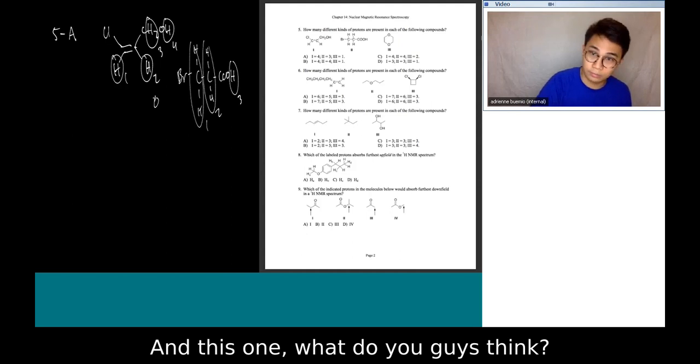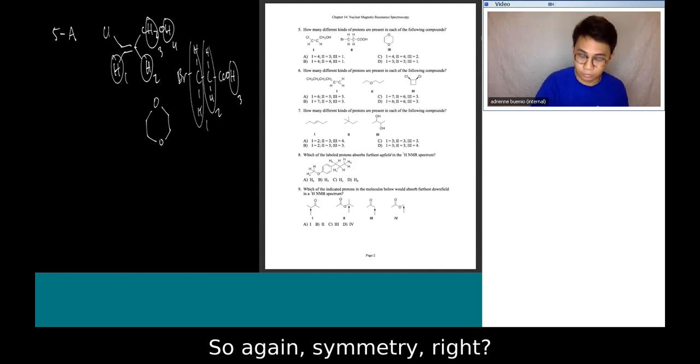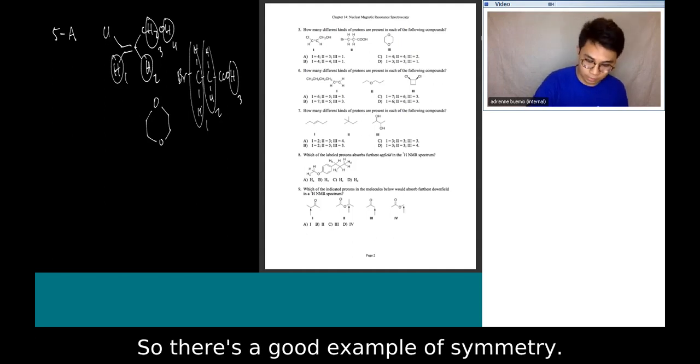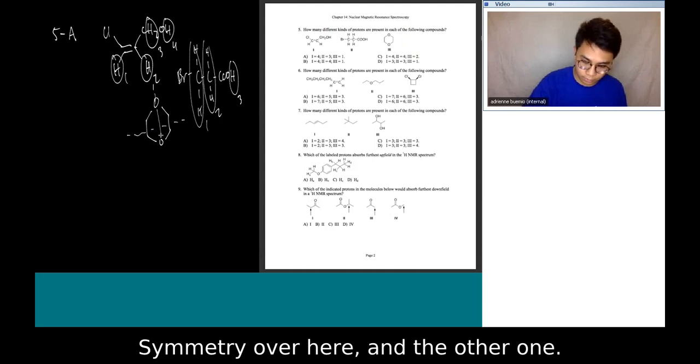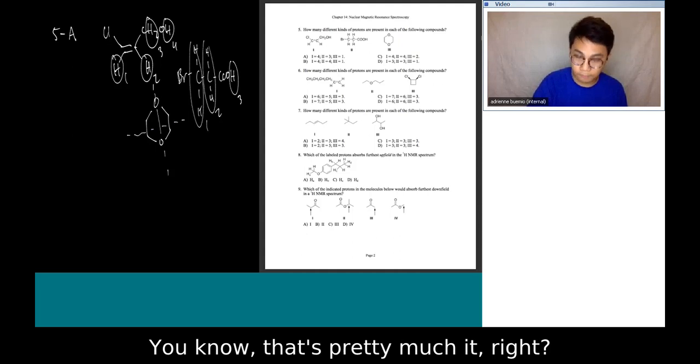And this one, what do you guys think? Again, symmetry, so there's a good example of symmetry. Symmetry over here, symmetry over here. Any other ones? No, that's pretty much it.